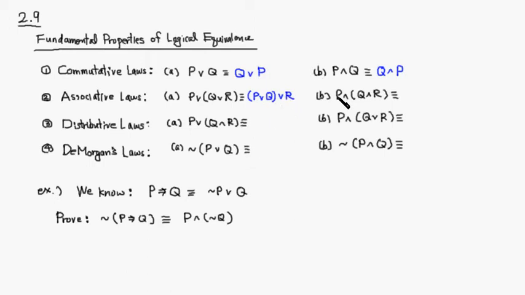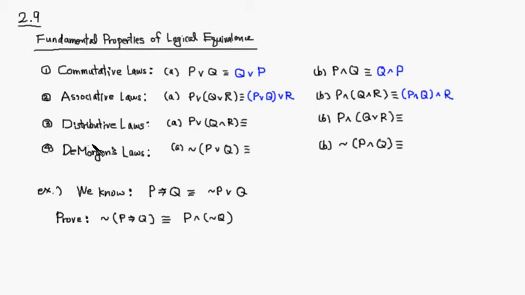The conjunctions are the same way. You can take the conjunction between P and Q first, then take the conjunction with R. These are equivalent.